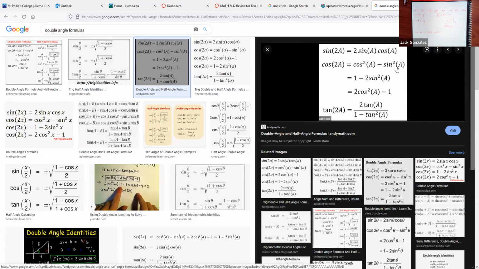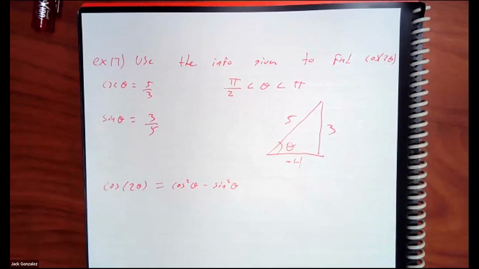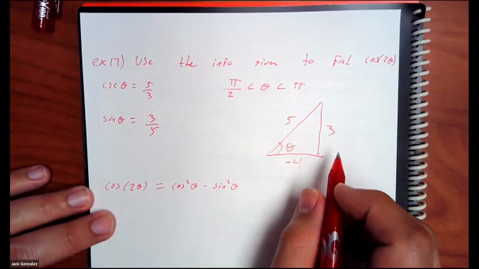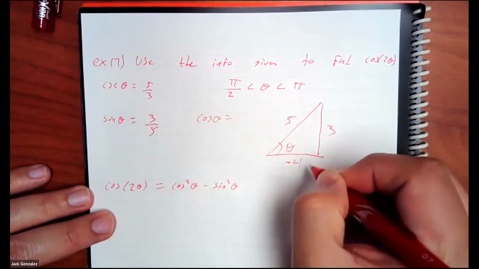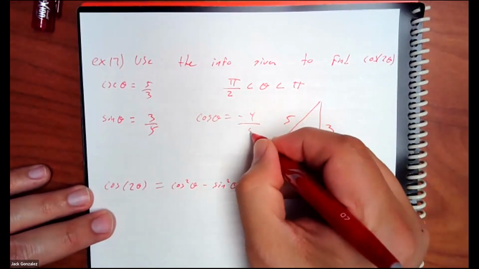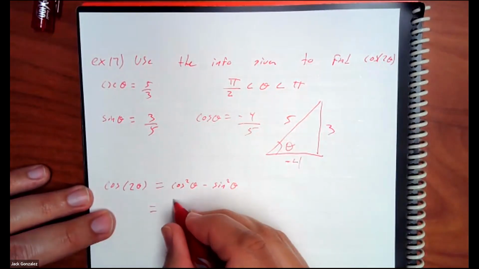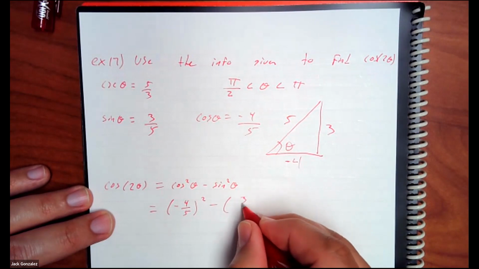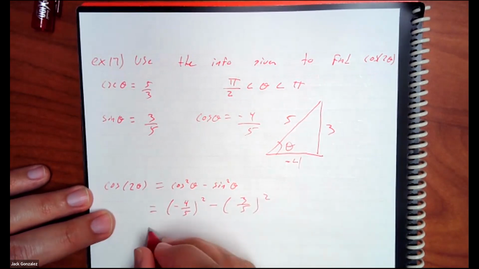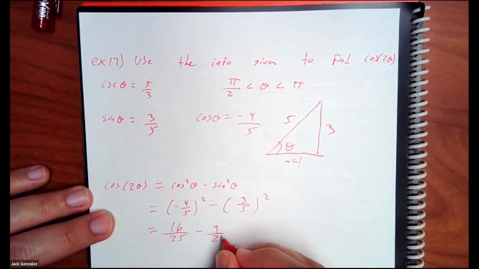It should be on the one with that green sheet as well. Okay, so we got cosine, right? We got sine, so cosine is going to be the adjacent side over hypotenuse. Just plug that in. Plug in the sine as well. So we get 16/25 minus 9/25.